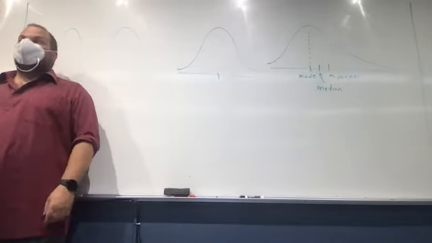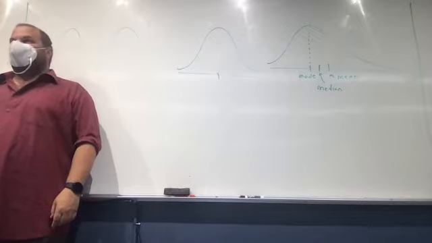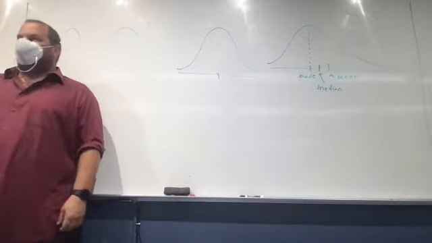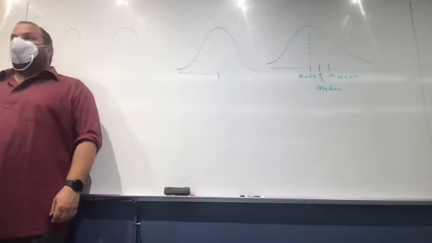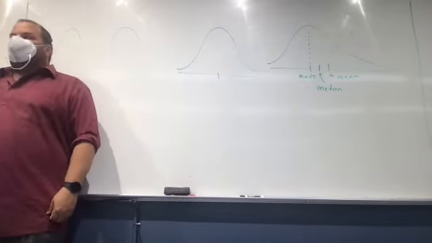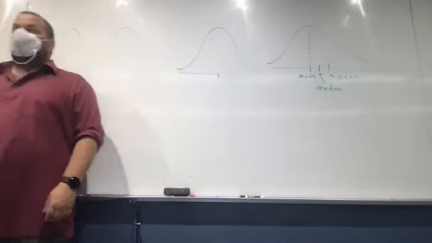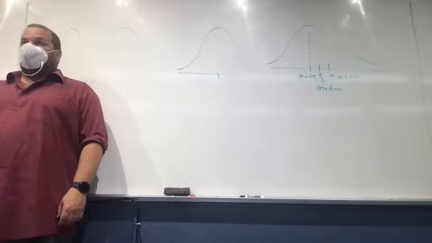Less resistant. It's less resistance. The mean is a non-resistant measure of center, mightily affected by high values. The median, on the other hand, is a resistant measure. Might not be perfectly resistant, it still moves a little bit, usually just not that much.